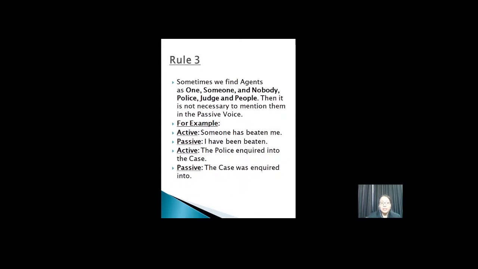Rule number 3: sometimes we find agents such as one, someone, nobody, police, judge, and people. So, dear students, when these agents come at the beginning of the sentence, while changing into passive voice there is no need to mention these agents.